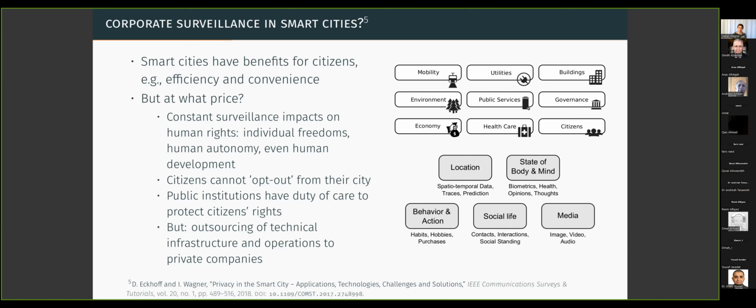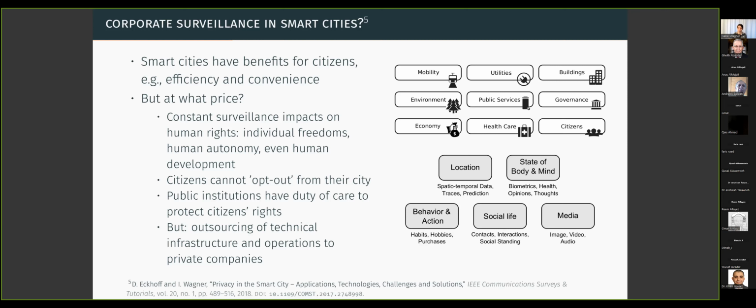And yet what we observe in cities is that cities tend to outsource the technical infrastructure and often the operation of the smart city services to private companies. And it's easy to see why, right? Running new high-tech infrastructure and creating all these services is a lot of work and it takes a lot of expertise.